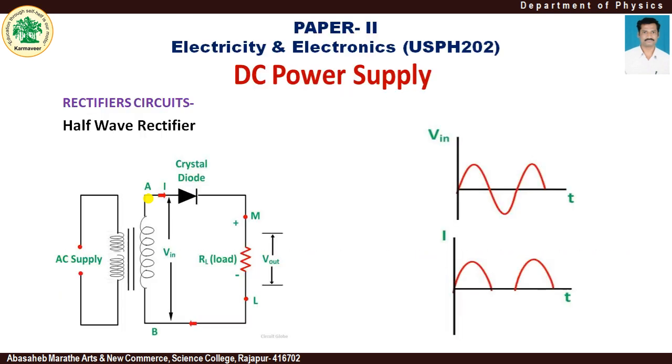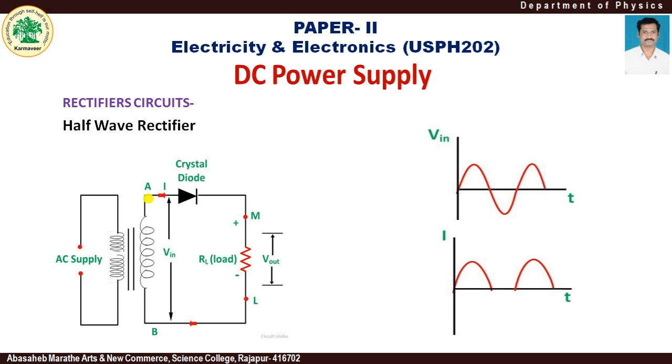So now let us study what a half wave rectifier is. Before that, let us see what the types of rectifier circuits are. Most electronic devices require a DC power supply for their operation, but the electrical power which is available is usually an AC supply.